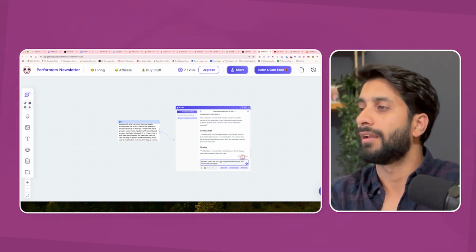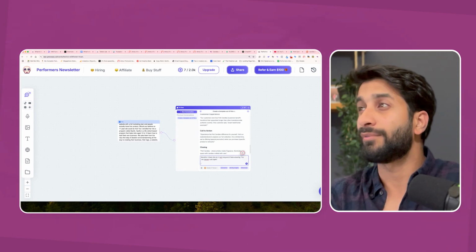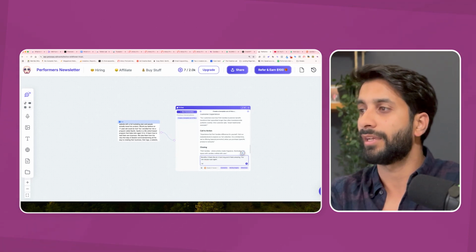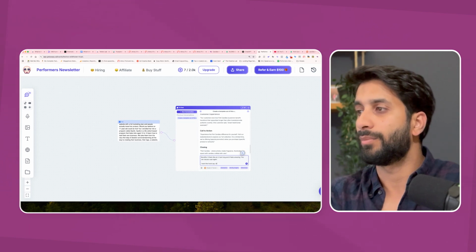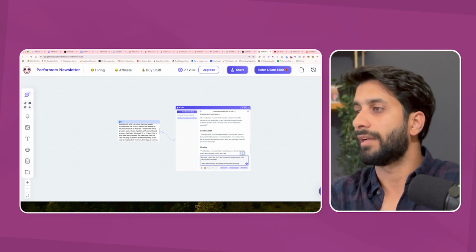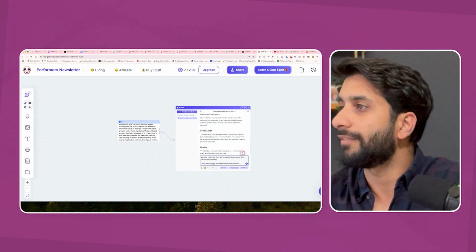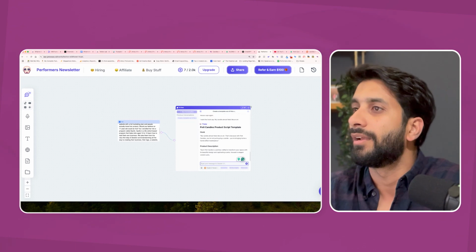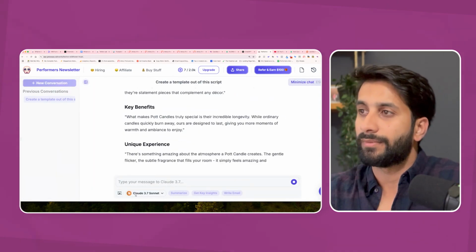I don't know if I've done enough research, but these are the benefits. I want the hook to say, my candle almost feels like an art, right? So now I'm going to give it further and say create a script. Let's see if the script is great or not. Just give me the script.